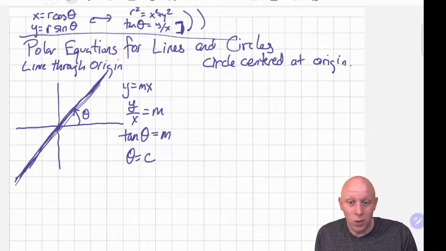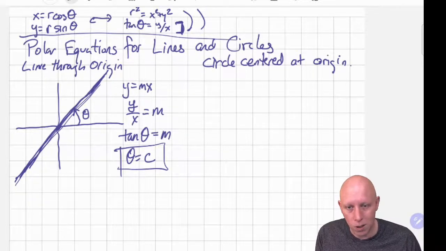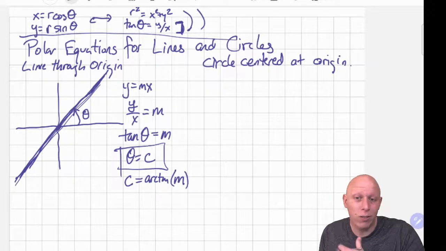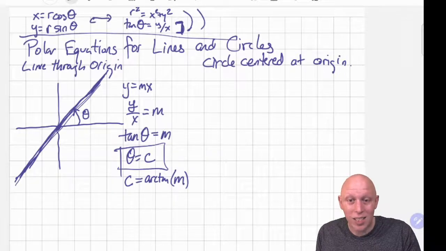So a line through the origin corresponds to theta is equal to some constant. We can even calculate that constant, right? We can take the arctangent. C is equal to the arctangent of m. So if you're given y equals mx, you can figure out that theta is equal to some constant, arctangent of m.